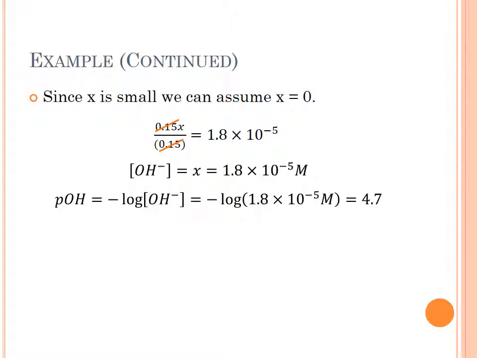Negative log of that gives us a pOH, so negative log of 1.8 times 10 to the negative fifth is equal to 4.7. To get the pH, we subtract from 14, so pH is equal to 14 minus 4.7, or a pH of 9.3.